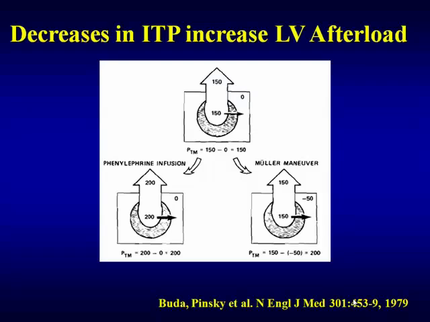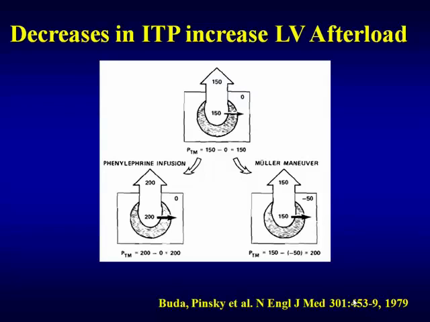So back in 1975 with Andy Buda, we did a study in which we looked at the effects of negative swings in intrathoracic pressure on left ventricular function in humans. We had them do a Mueller maneuver, which is to inspire against an occluded airway. We made their pressure minus 50. Now watch.